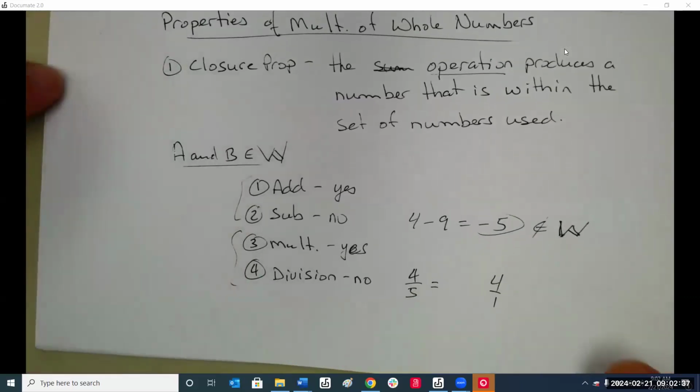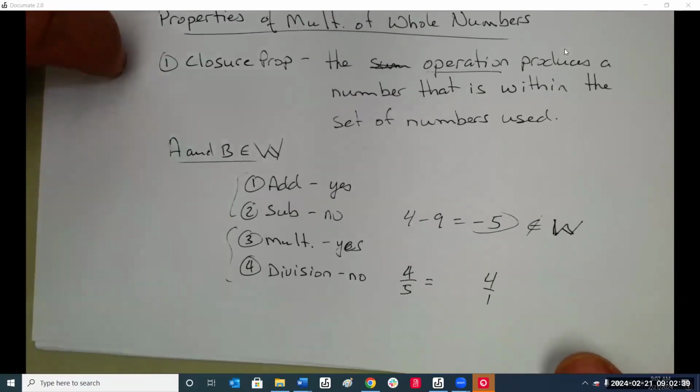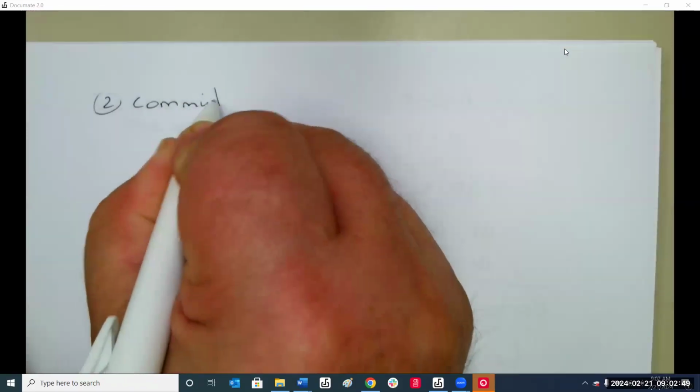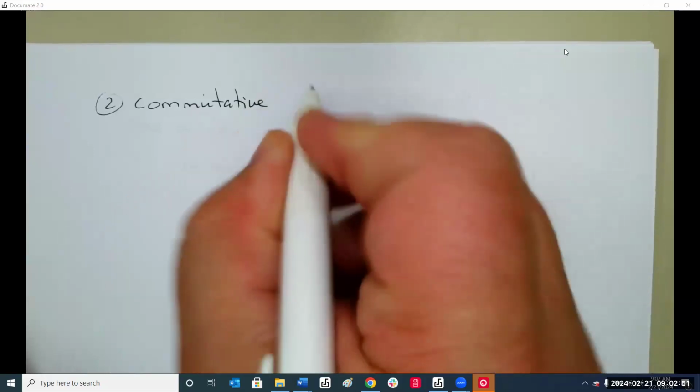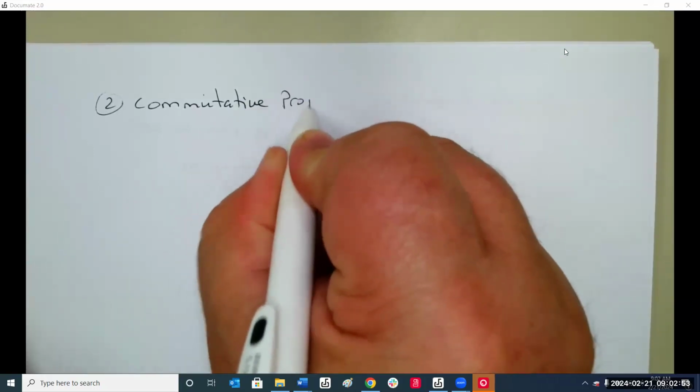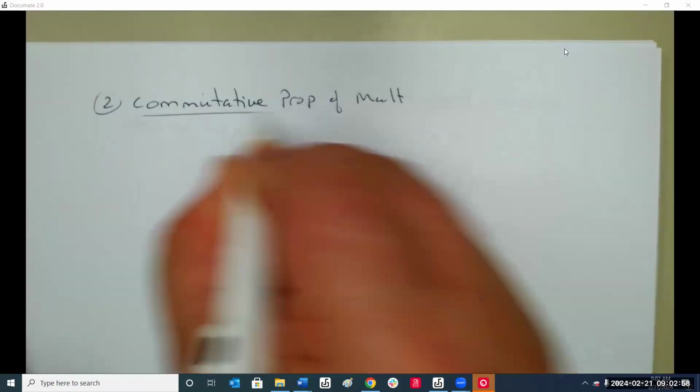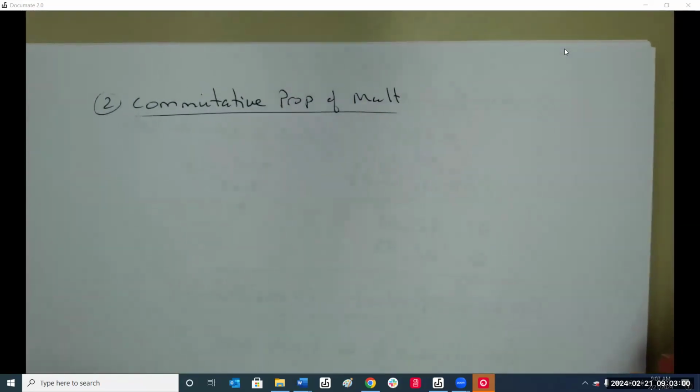Now let's go back to multiplication. So closure is the first property. The second property is commutative. Is commutative a property of multiplication?